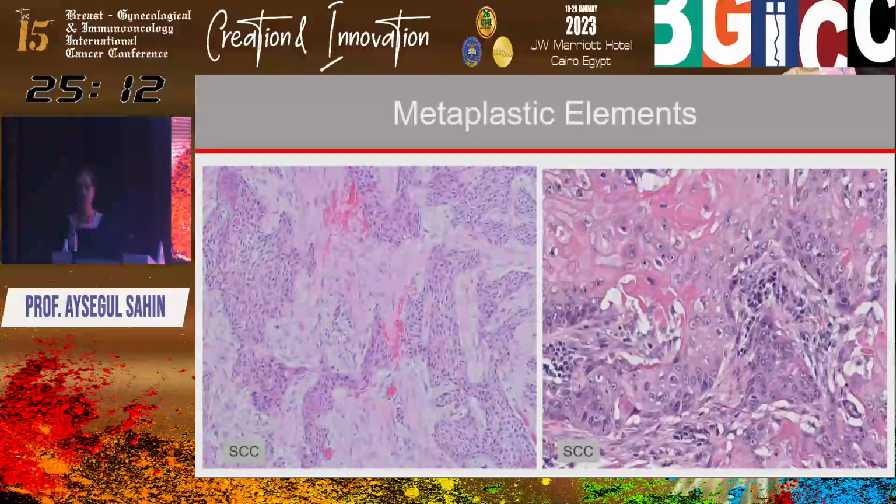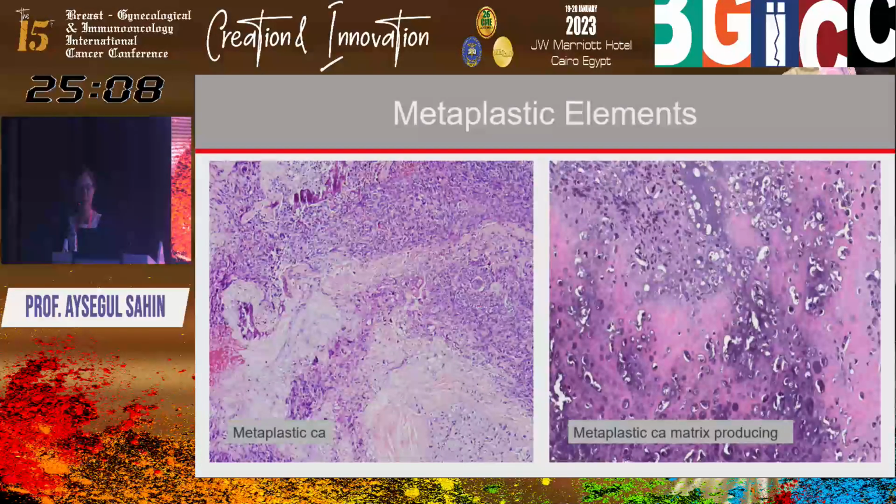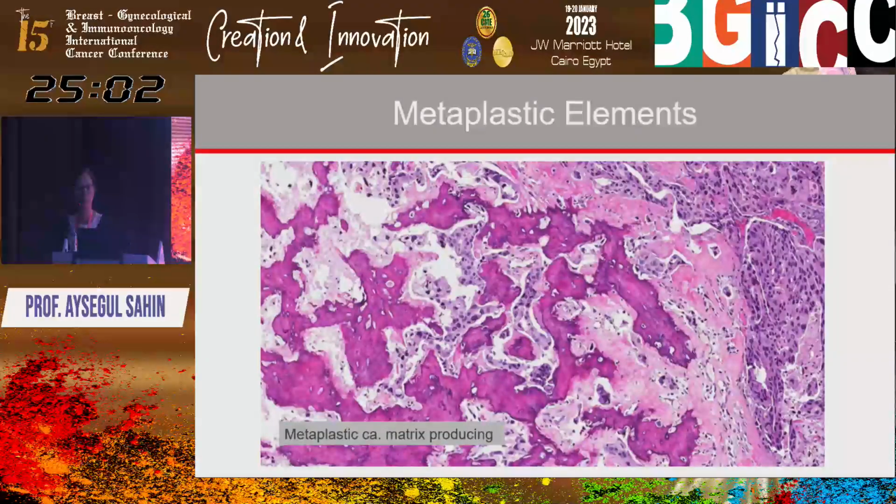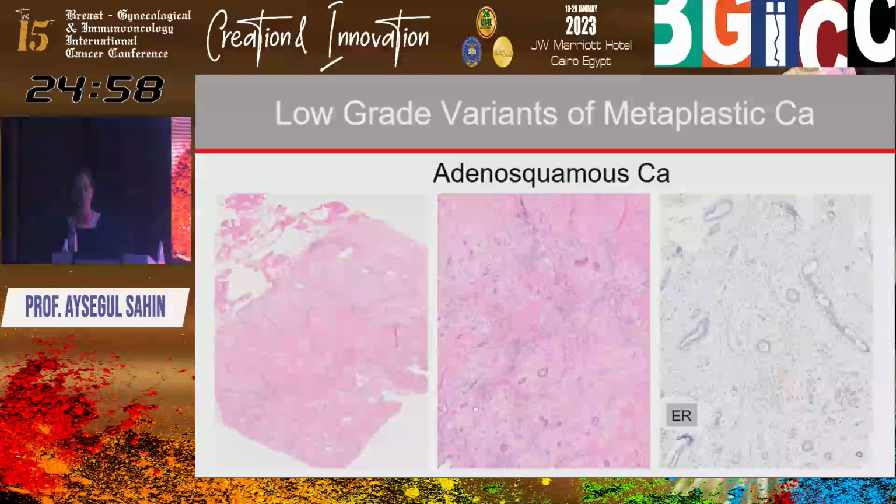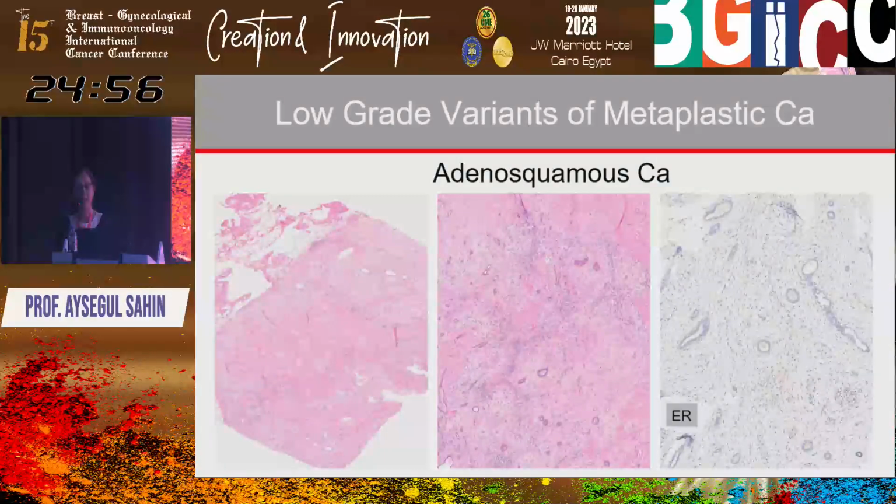Metaplastic carcinomas have been already discussed, so I'm going to go real fast on these. Matrix-producing carcinoma is part of the triple-negative breast carcinoma. It can be either osteosarcoma or chondrosarcoma. And our previous speaker also described adenosquamous carcinoma.